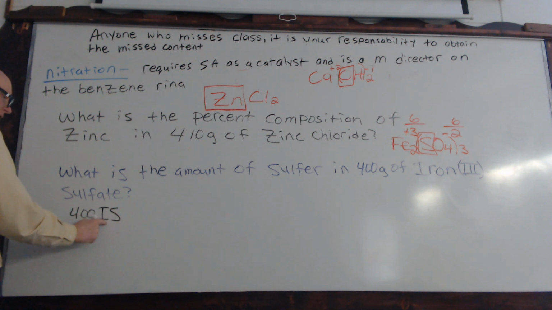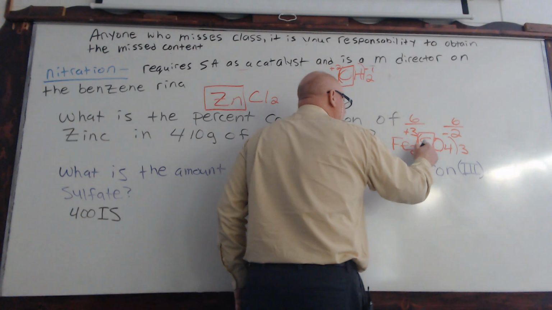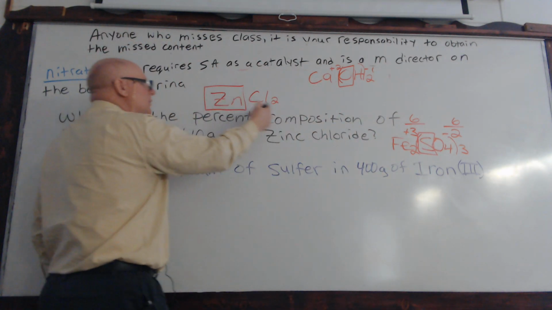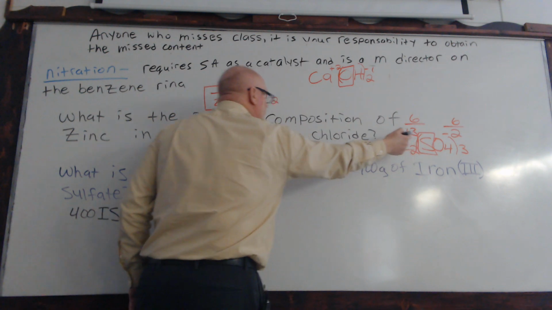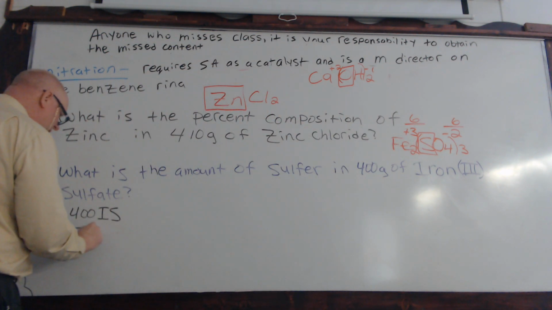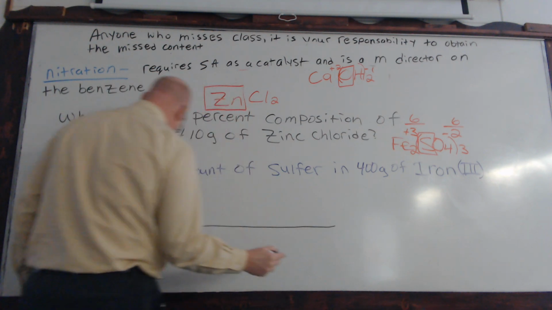You have to know that this is standing for that. The reason we didn't do that for zinc chloride is look at the difference in how much longer this formula is than this one. So how do we get rid of the iron sulfate?